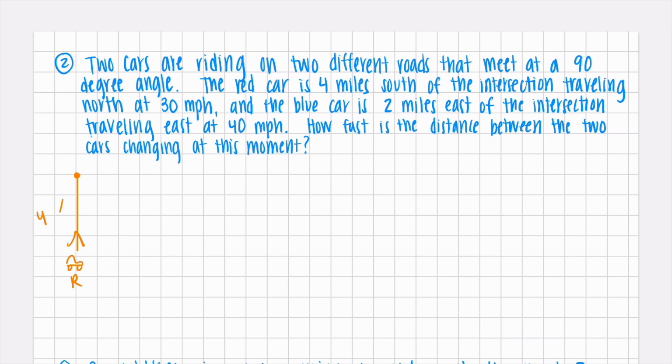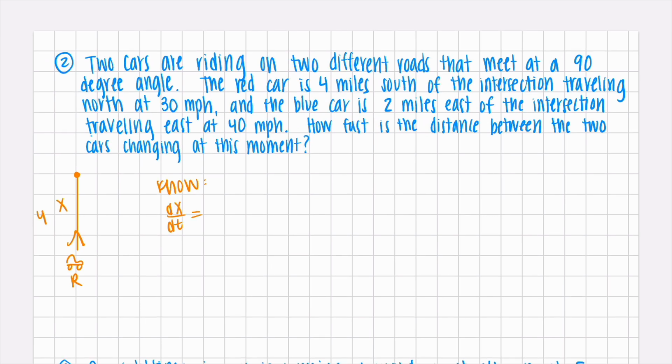So I'm going to make this length x, and I'm going to say we know dx/dt. Now notice if the car is traveling north, x is decreasing, so I'm going to make dx/dt negative 30 miles per hour. Then it says the blue car is 2 miles east of the intersection. So I'm going to draw another car.